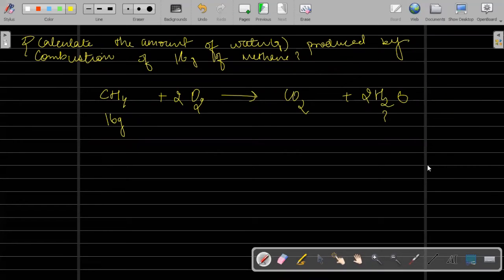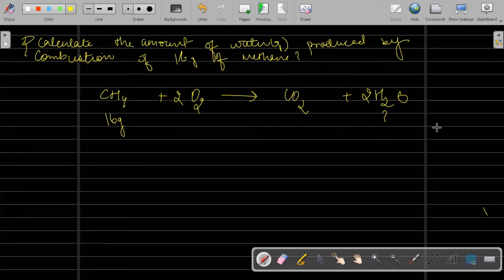Can anybody tell me? What's the question? Calculate the amount of water produced by combustion of 16 gram methane.